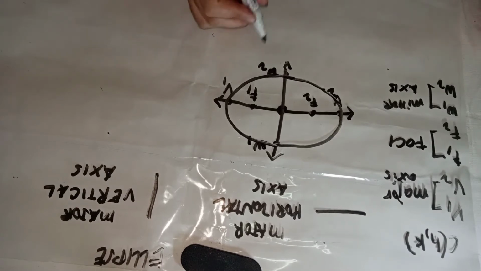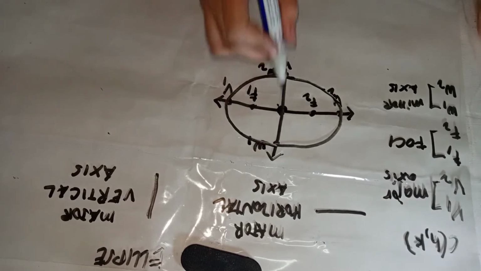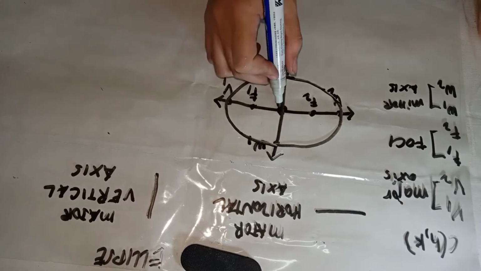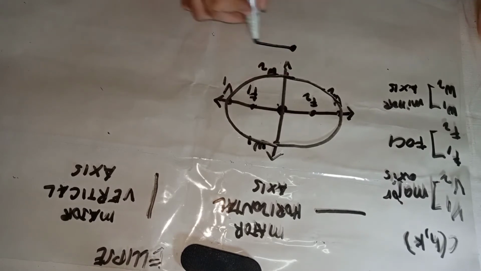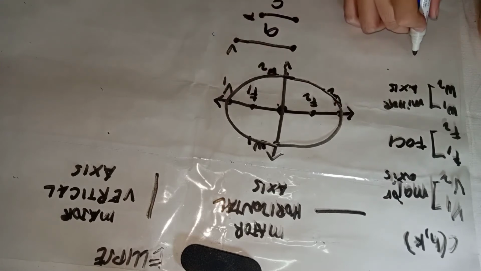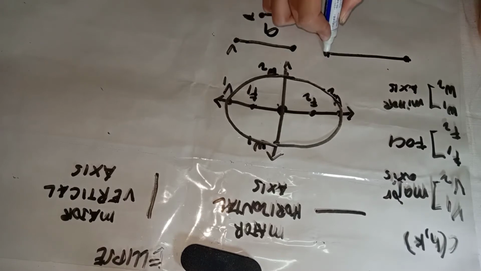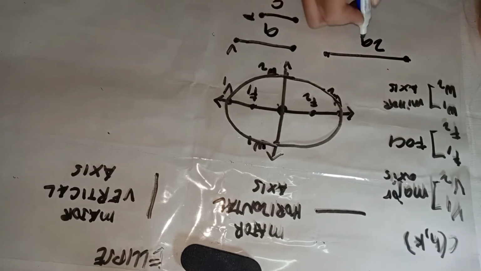Where A, or where this, it is called from the center to the vertex, it is called A. From the center to the focus, it is called C. Okay? So here, it means that the major axis, V to V, or vertex to vertex, it is 2A.